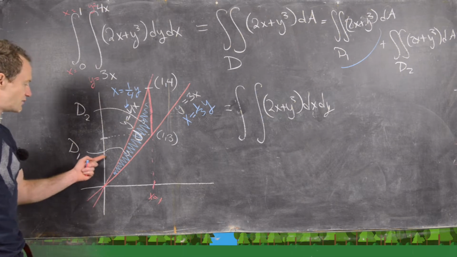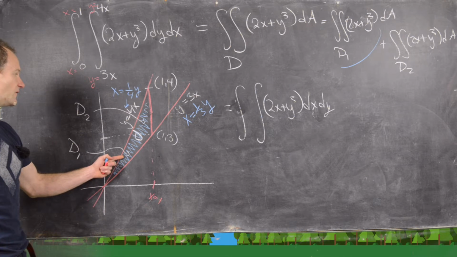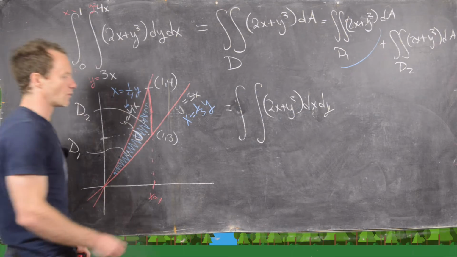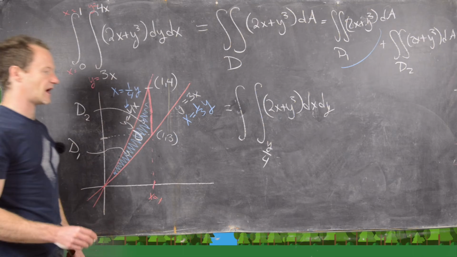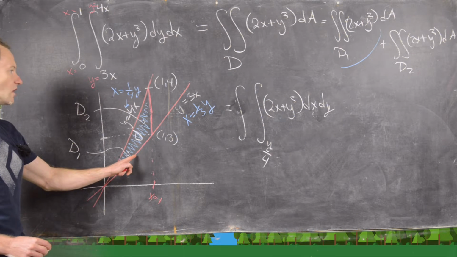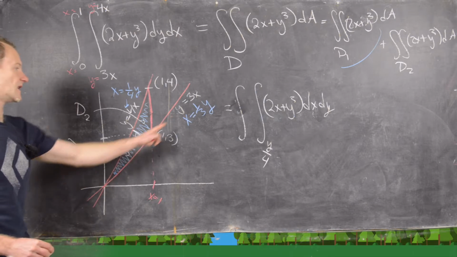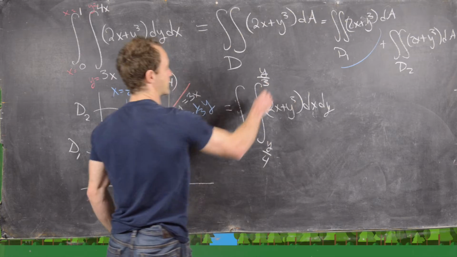So notice as we move from left to right, we first pass through this line x equals 1/4 y. So that's going to be our smallest x value, which I'll write as y over 4. And then our largest x value will be this line 1/3 y. So I'll write that as y over 3.